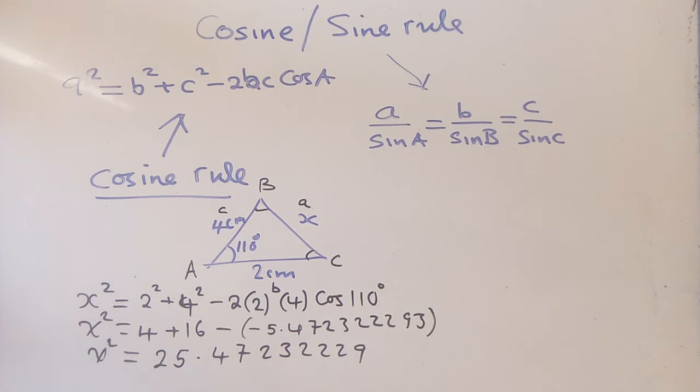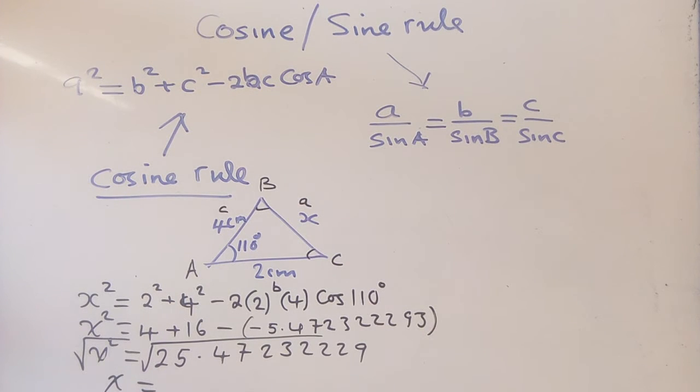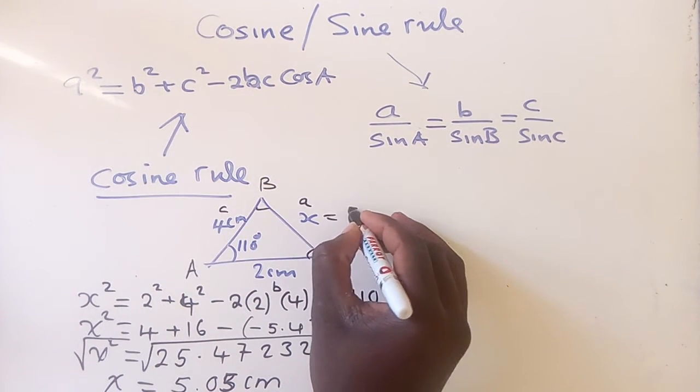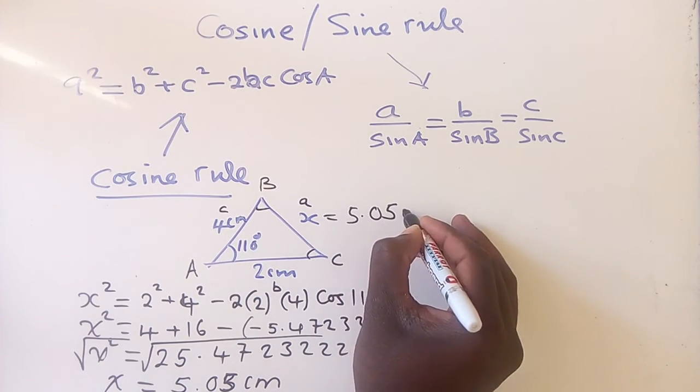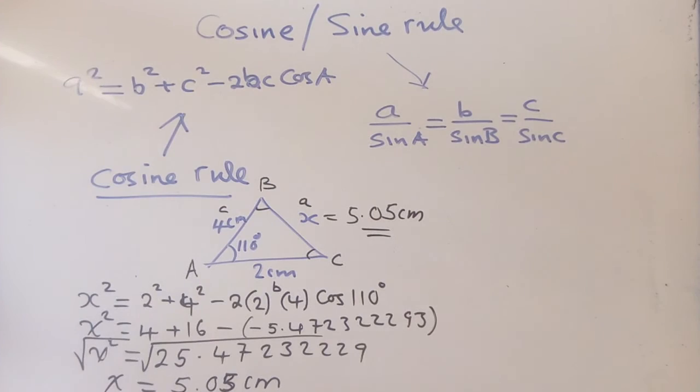We are looking for x, not x squared, so to get rid of the power, we take the square root of both sides. Our answer is 5.05 centimeters in 2 decimal places. This is how you find the length using the cosine rule.